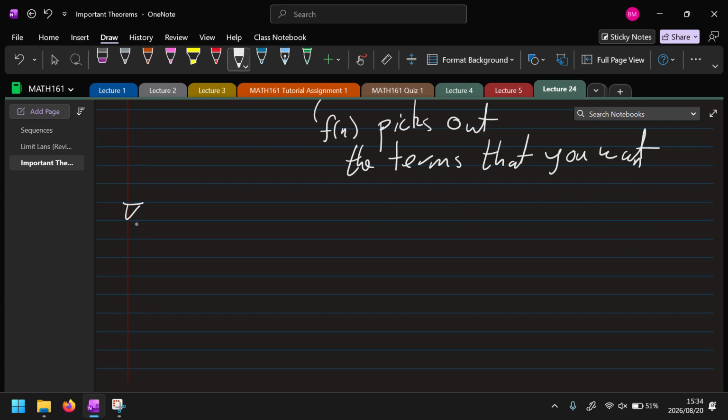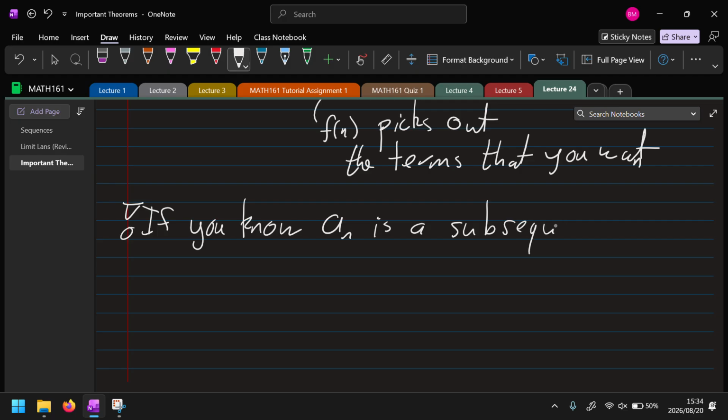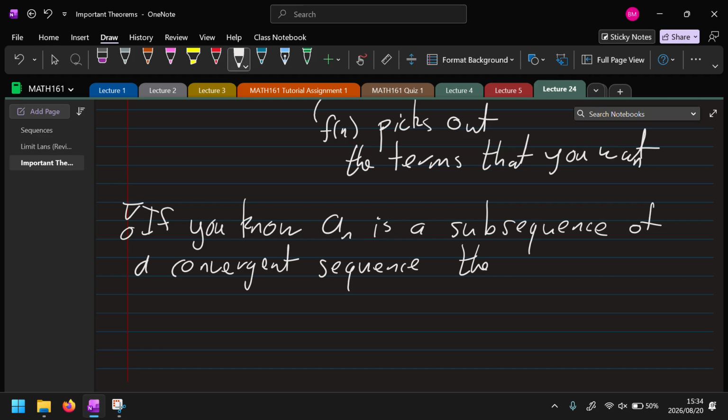Okay, so important: if you know a_n is a subsequence of a convergent sequence, then it converges.